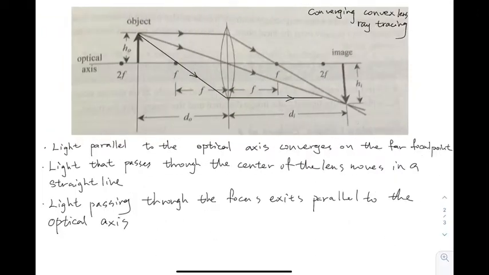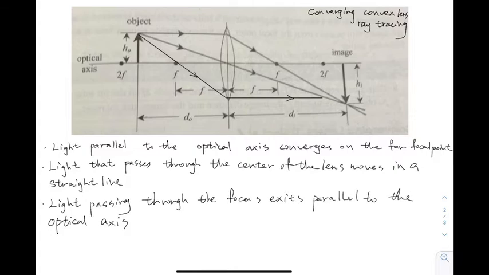So let's talk about convergent convex lens ray tracing. Convergent lenses bring light together. So the convex lens is a convergent lens. The location and size of the image formed by a lens or mirror can be plotted using ray tracing.